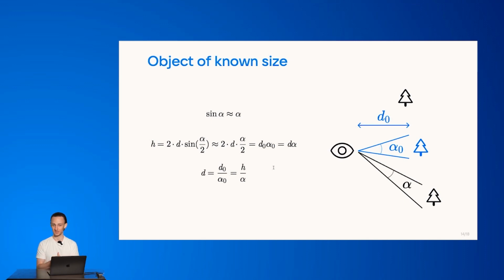This is a constant, and if we have once found out the value of this constant, we can use it to revert this formula back, and we can measure the distance knowing the height of the object. And it could be even not the real height in centimeters, it could be just the height in pixels, because in our approximation, it works more or less the same. The idea here, and we're going to implement that with the real camera, is to measure the distance to a unit object, judging by its size.